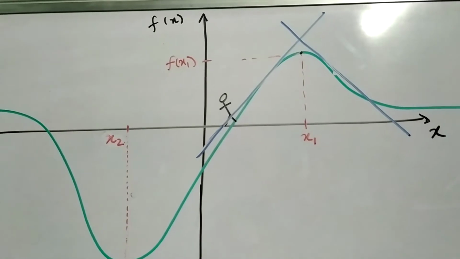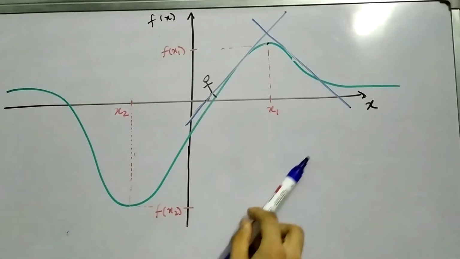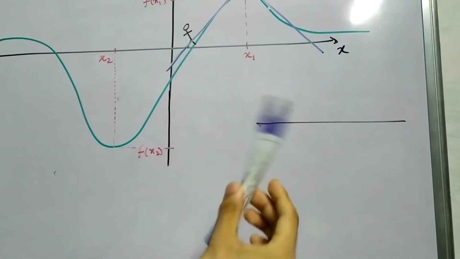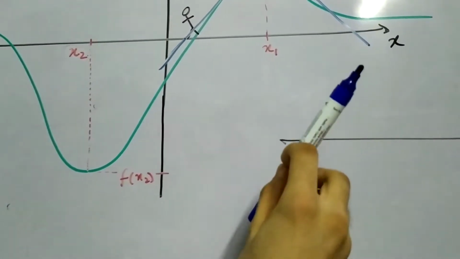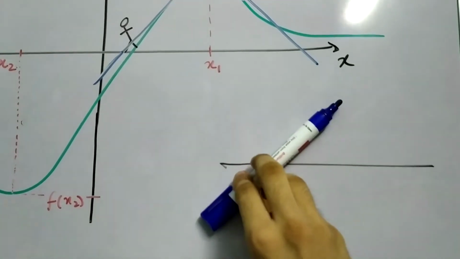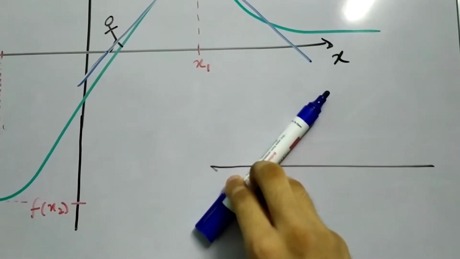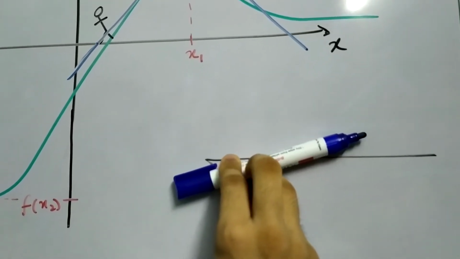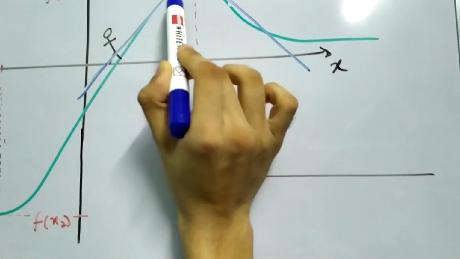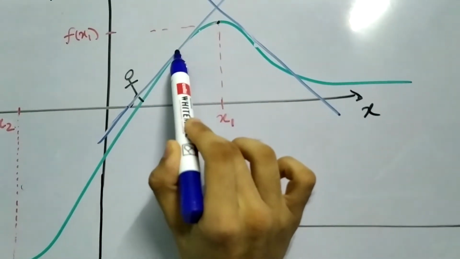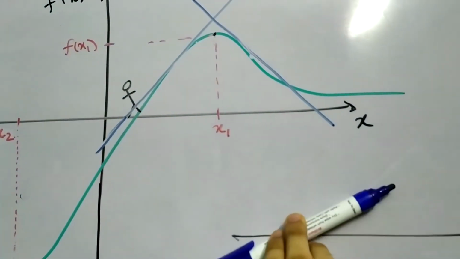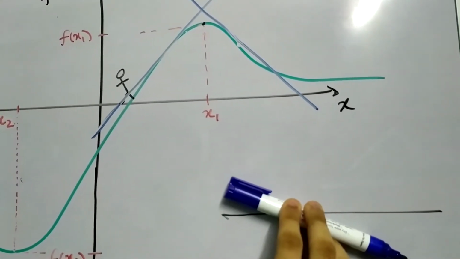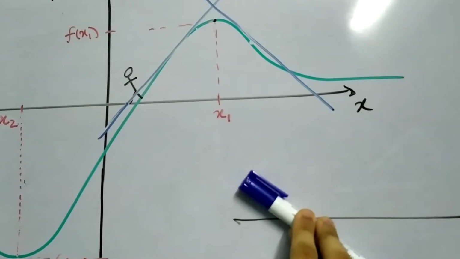What I mean is, let me just draw this line. This is the x-axis, and let this marker represent the slope. So before x1, your slope is positive, which means the function is increasing, and it becomes lesser and lesser positive. You can see in this area the slope is not as steep as the slope here. And then after x1, it becomes negative, and increasingly negative.